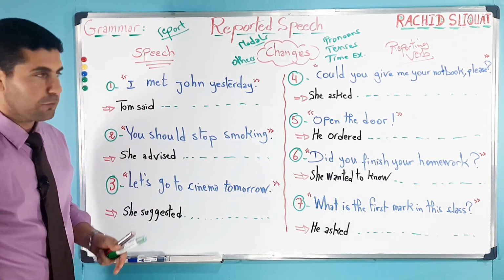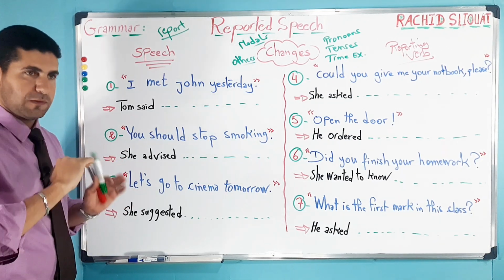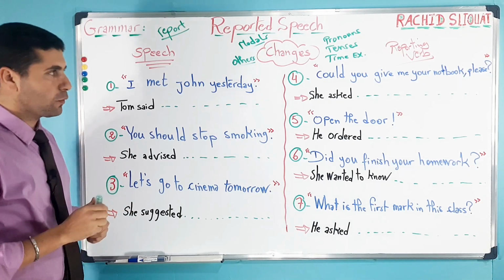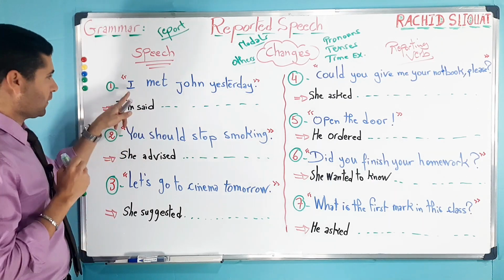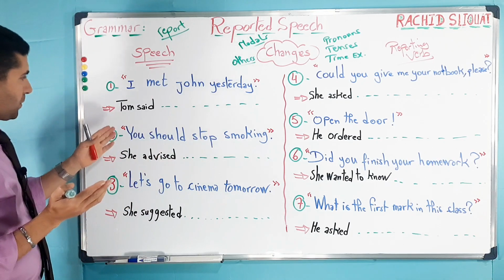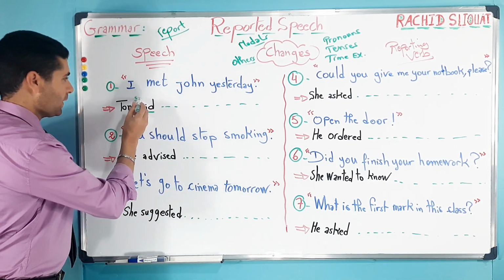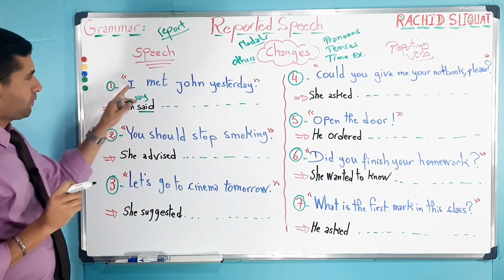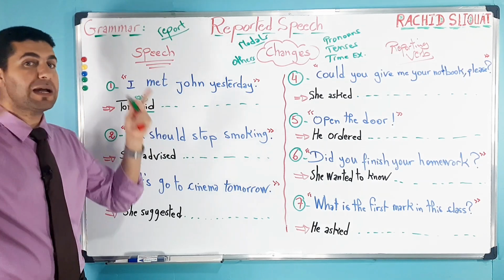For example, when we have a statement, a normal sentence to give information, we always use a reporting verb like say in the past. So this is, I met John yesterday. What is the reporting verb? It is said, very simply, the past of say. So this is a statement. The reporting verb is said. We say, Tom said.